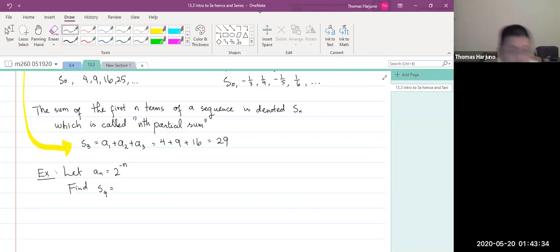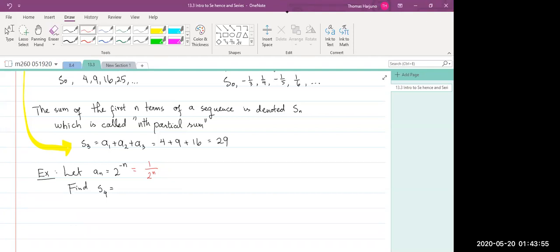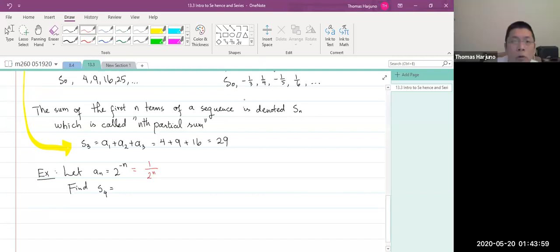No. 2 to the negative n is 1 over 2 to the n. I thought it was 2 to the power of 1 over. No, wait, never mind, never mind. You just say that.